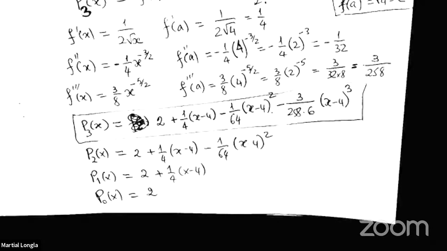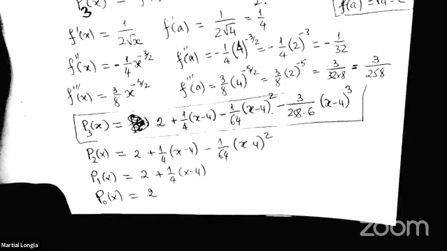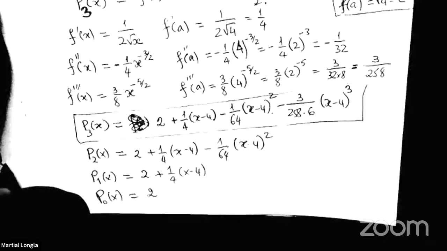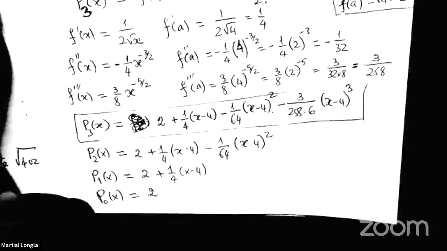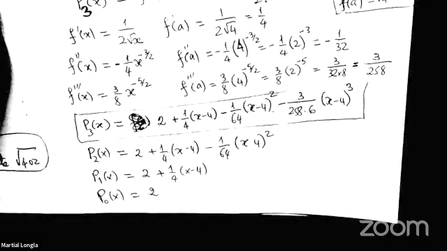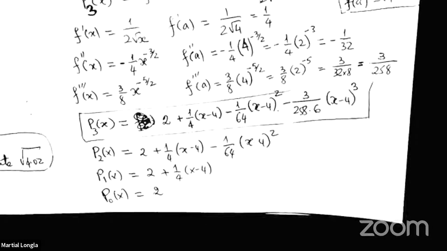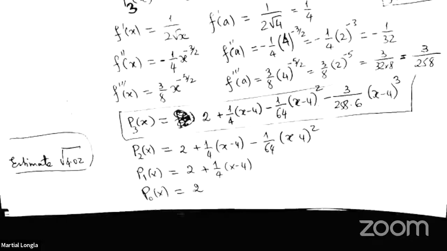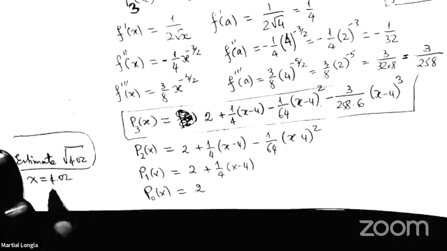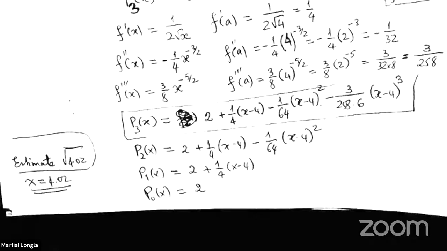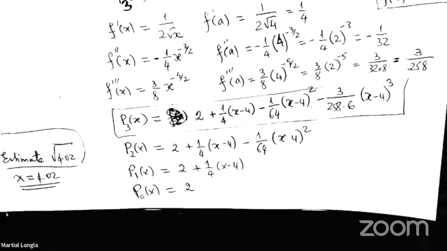Now, to go back to the original question, if we wanted to estimate square root of 4.02, that means that we need to plug in x equal 4.02. That's what the question means. So you need to go into this formula and replace x by 4.02.